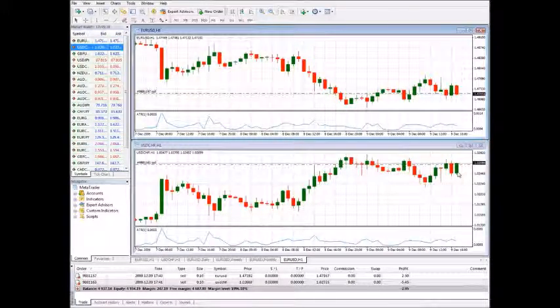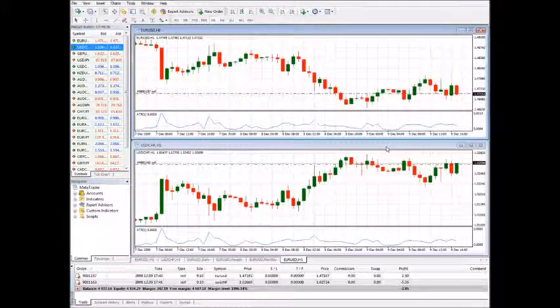Say again in our example that you're going long in the euro dollar, US dollar, and short in the Swiss franc.